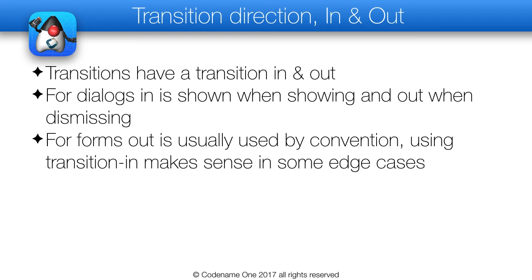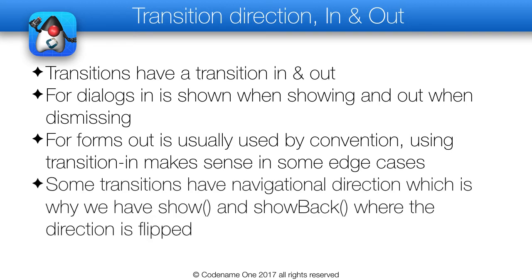For forms, we usually only use transition out by convention. There are some edge cases where both would make sense, but they are pretty rare, and unless you build your own custom transition, you will probably never need transition in on a form.